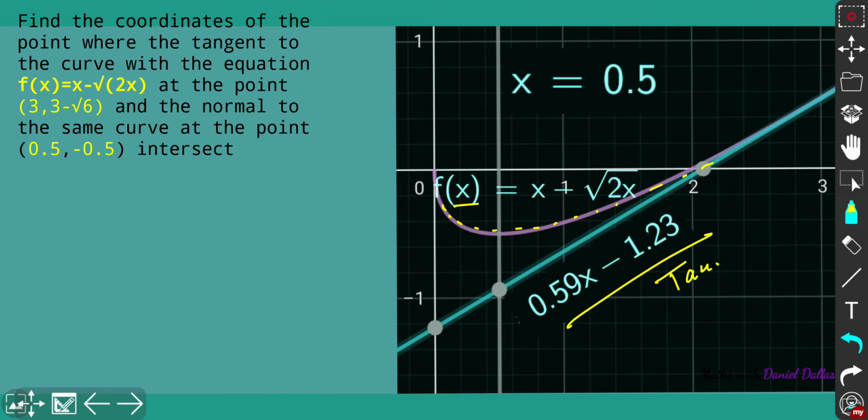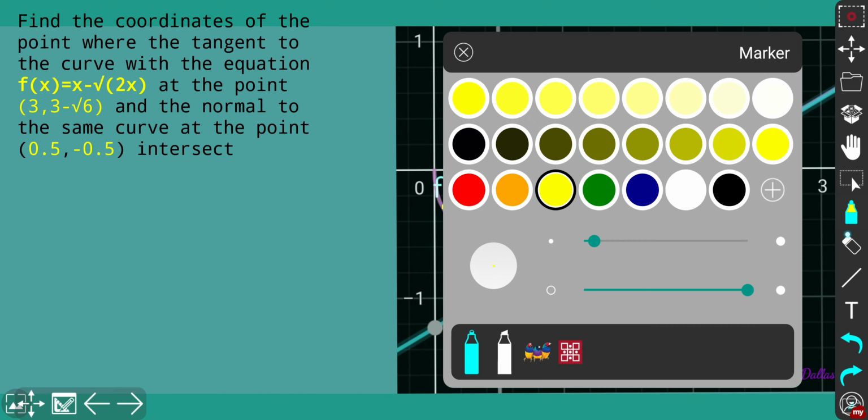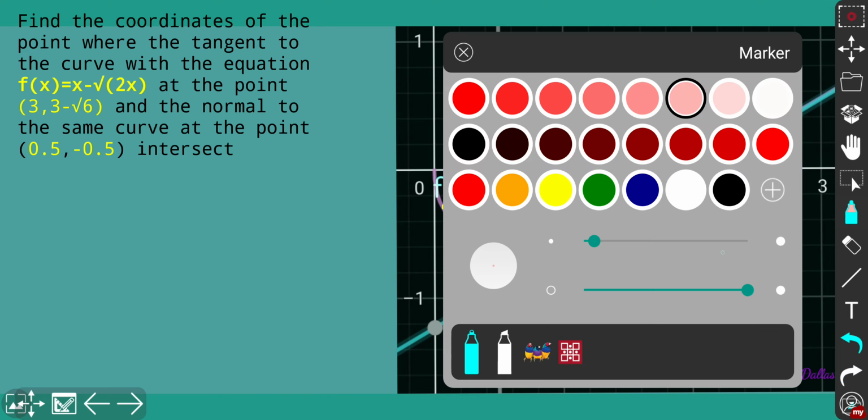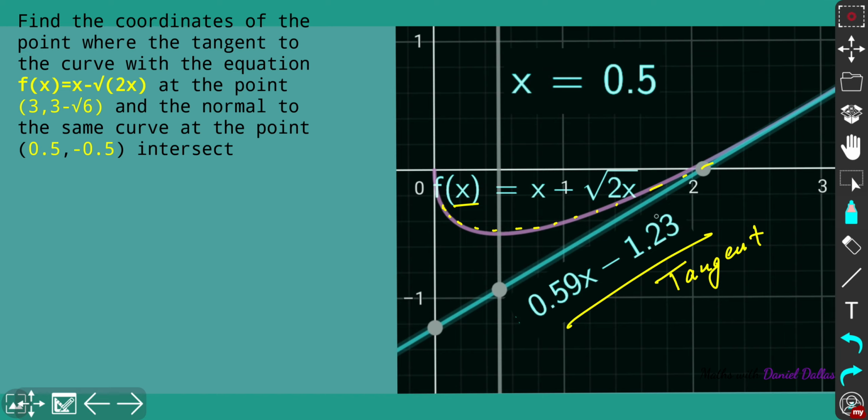However, for some reason it shows 1.23, so I think it's going to be 1.22. Just need to correct it in order to get the proper number. So 1.22. Anyway, you understand that it's 1.22. So that's the equation for the tangent.